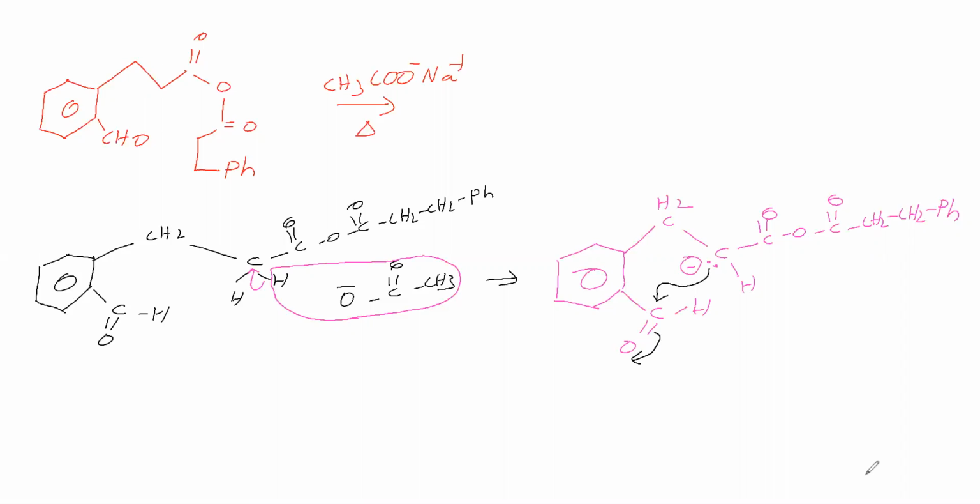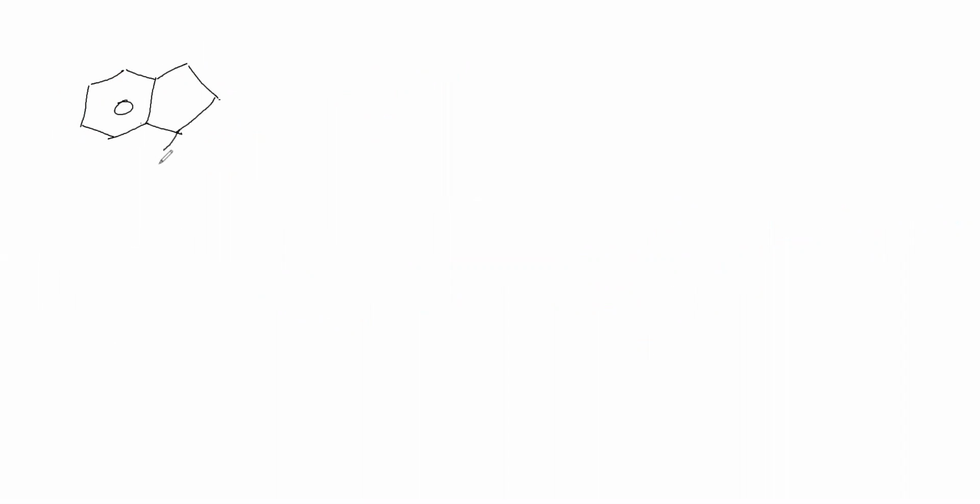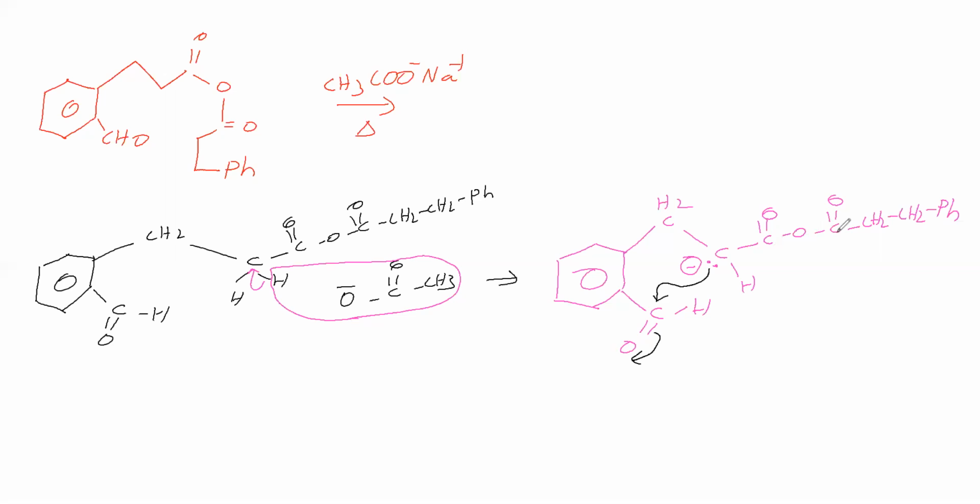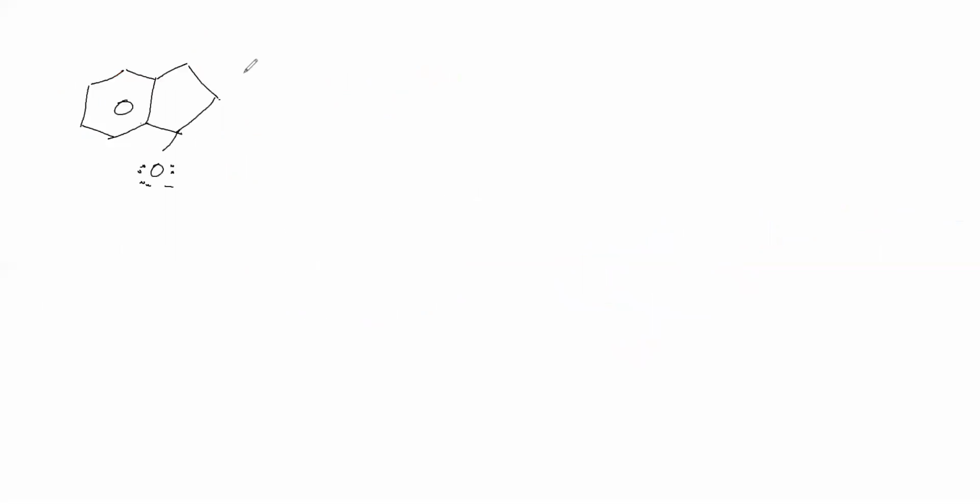So here the phenyl ring we will write, here the 5 membered ring we will write. Then the rest we will write. Here it becomes O minus. This oxygen has 3 lone pairs. Then here CO, O, CO, CH2, Ph is there.